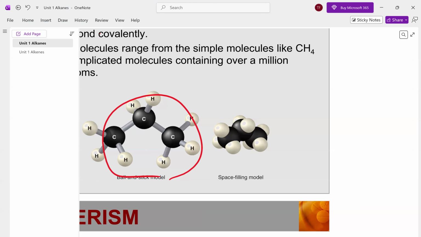Okay, the way to do a line drawing looks like this. That molecule. A lot simpler.